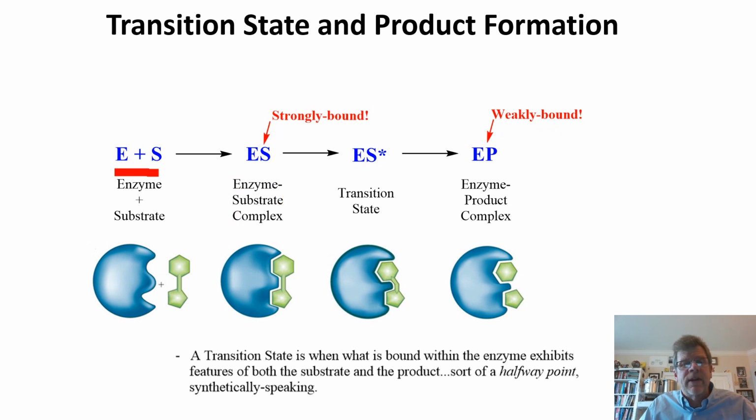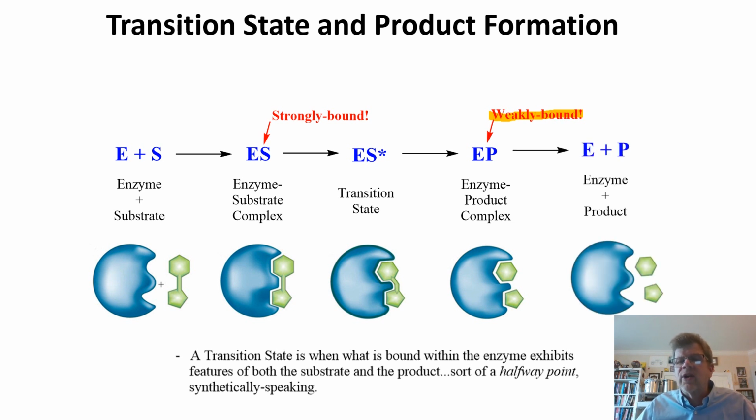It would just completely stay in there. So ultimately, if we have a very weak binding on this enzyme-product complex, this weakly bound interaction, that product is going to diffuse out of the enzyme. So we have just the enzyme and just the product. They're separate again.